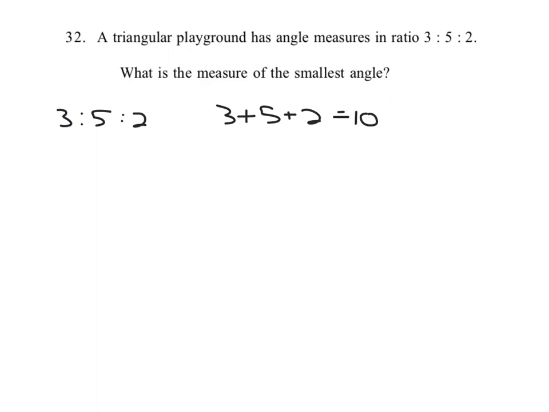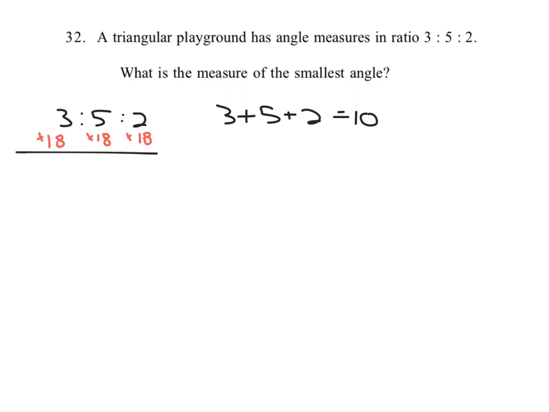That means each one of these values has to be 18 times bigger. So we need to do 3 times 18 and 5 times 18 and 2 times 18, so that the whole sum gets 18 times bigger, because what's 18 times 10? 180. That's how many degrees are in the triangle.